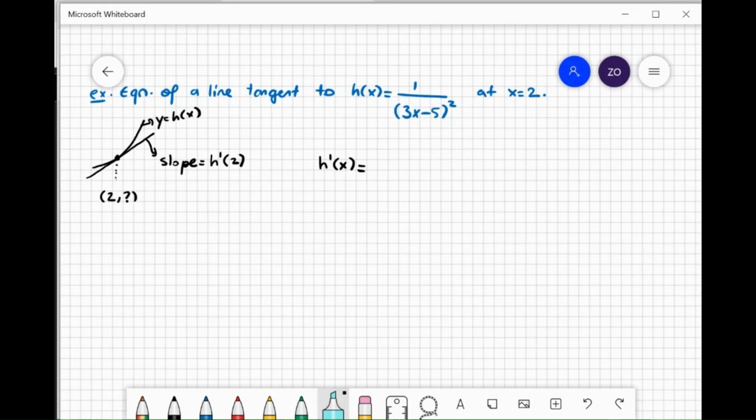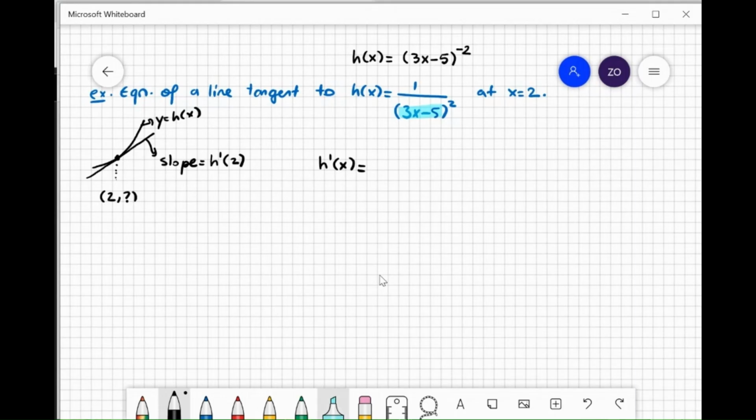Now let's look at this function. You can rewrite this function because you have something in the denominator. Can we say the h function is 3x minus 5 raised to the power negative 2? Negative exponents move things to the denominator, so to move it back, you can just make the exponent negative.